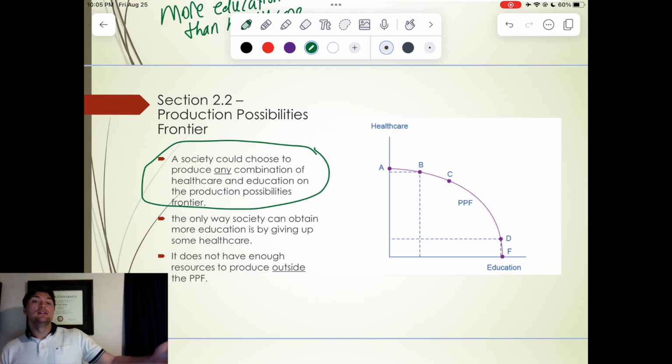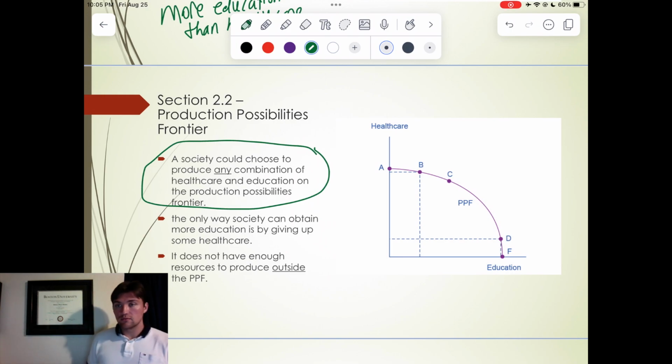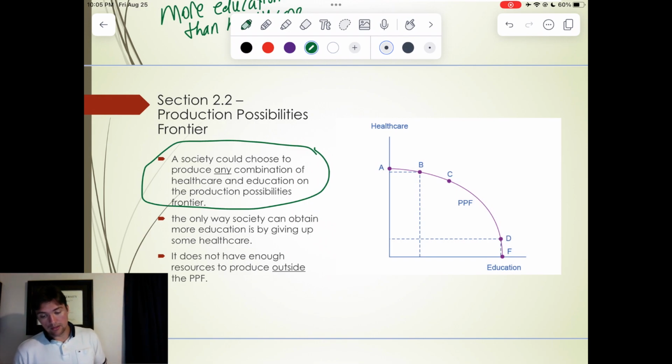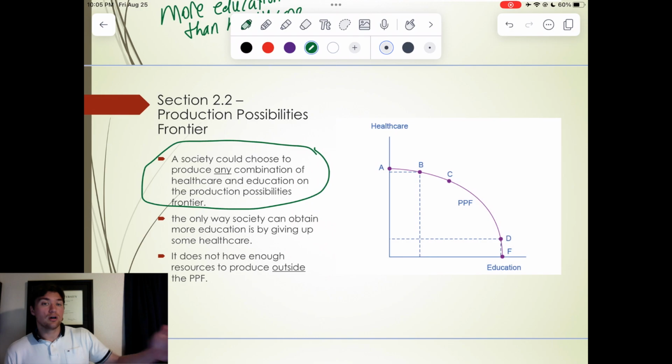We need some doctors or nurses. We need maybe a hospital converted into a school, something like that. Because we're doing more education, we have to give up some of the healthcare. And so that is where the opportunity cost comes in. Because we're doing more education, what is the real cost, the opportunity cost, of the healthcare?